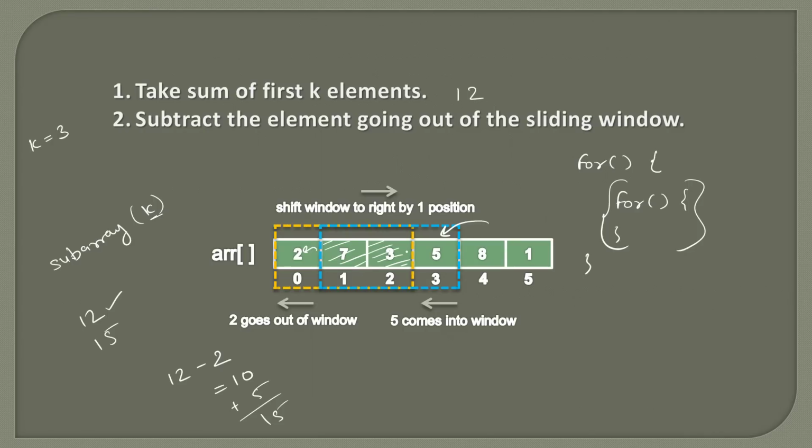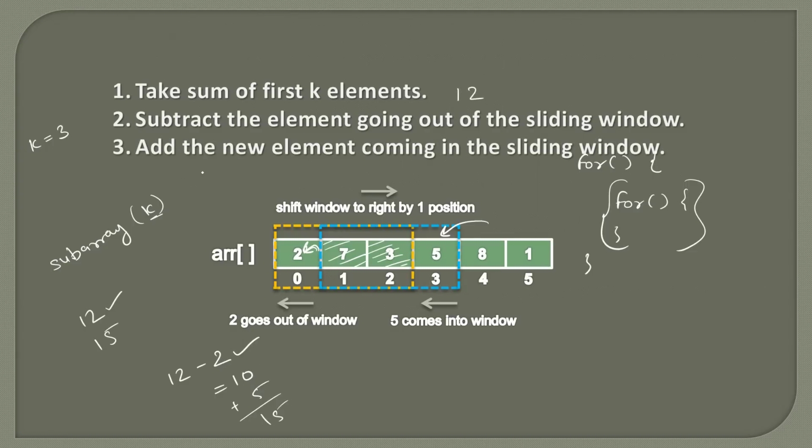We already know 7 plus 3 is already in the 12. We just subtract the element going out of the sliding window. The element which is going out of the sliding window is 2. So we subtract 2 to get the sum of the remaining elements in the previous window, which is 7 plus 3, which is 10.